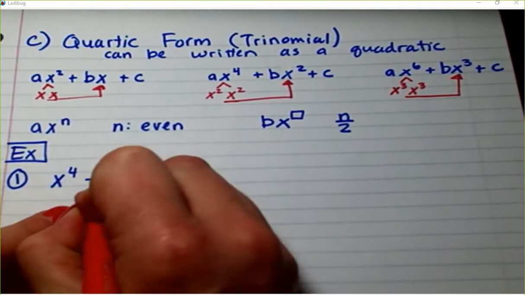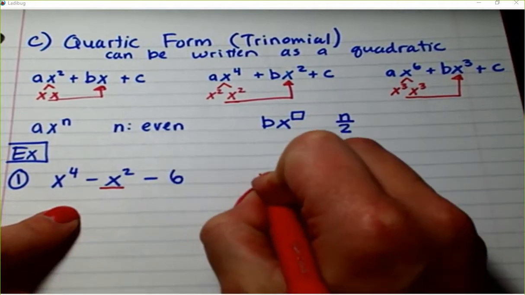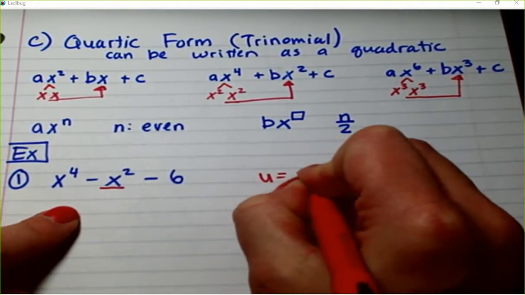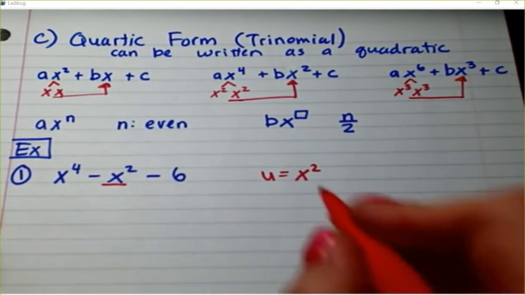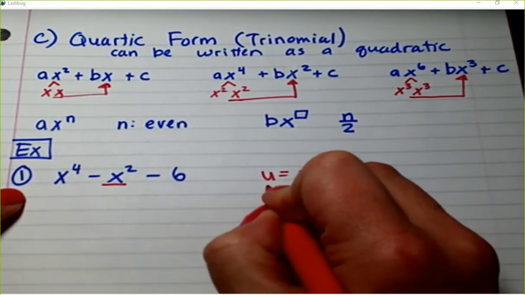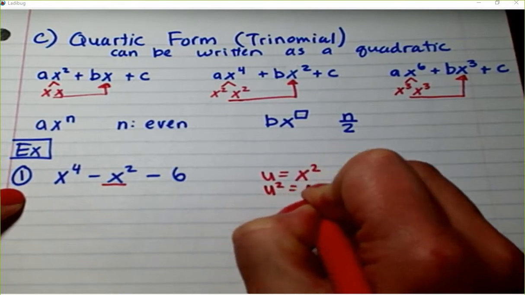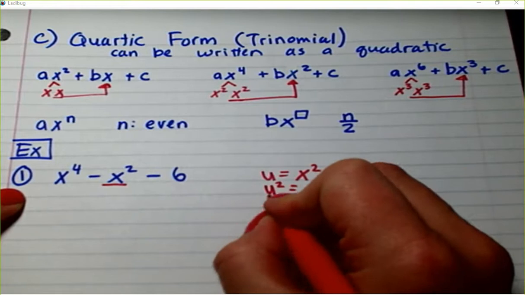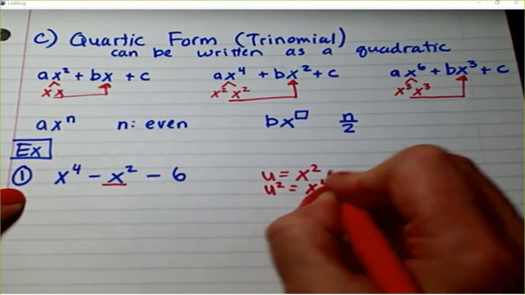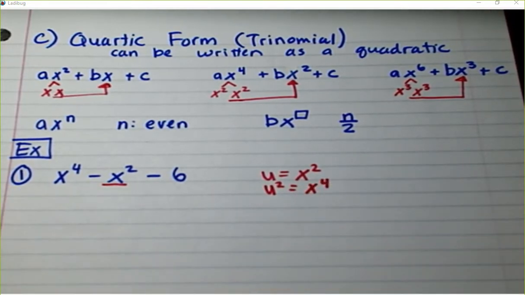All right, so I'm going to start here, and I'm going to say U equals x squared. All right, it's the middle term. And then I'm going to square it. Okay, so if I square the top row, I end up with U squared equals x to the 4th. And I'm going to substitute.